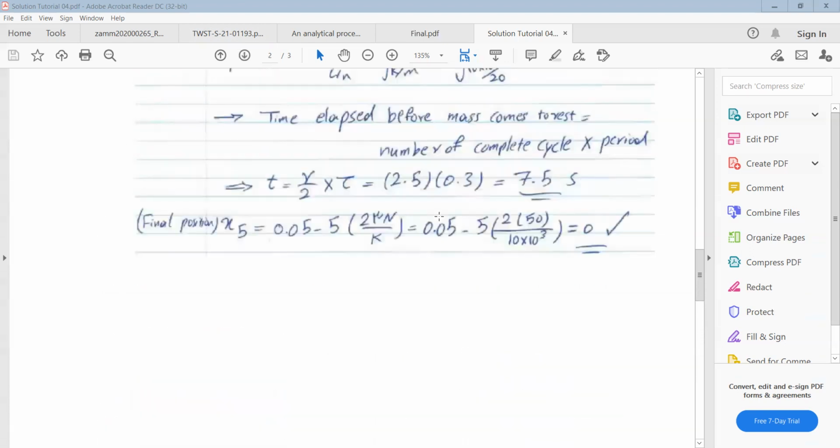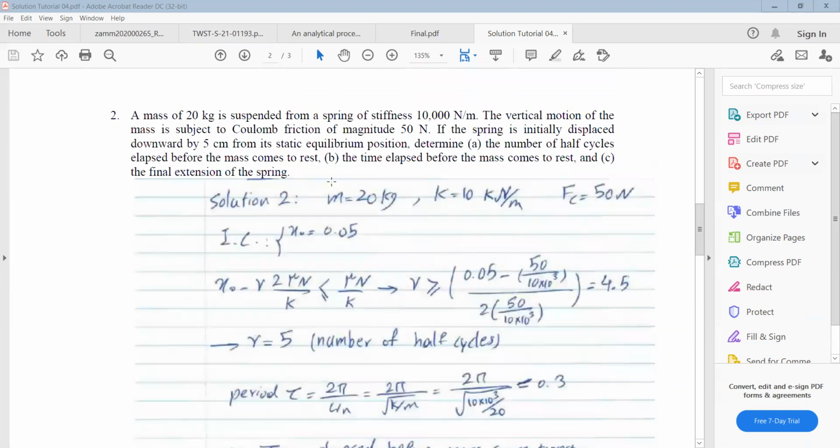Yes. For part B in question 2, the time elapsed before the mass comes to rest. For this purpose, in part A you calculated the number of the half cycles.